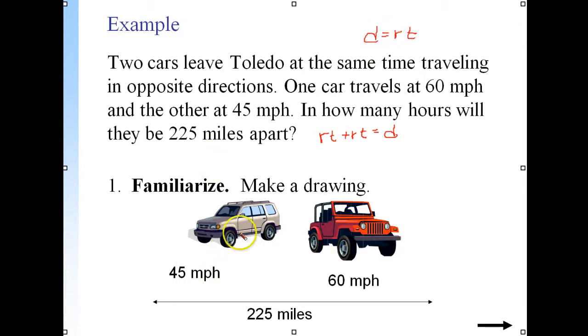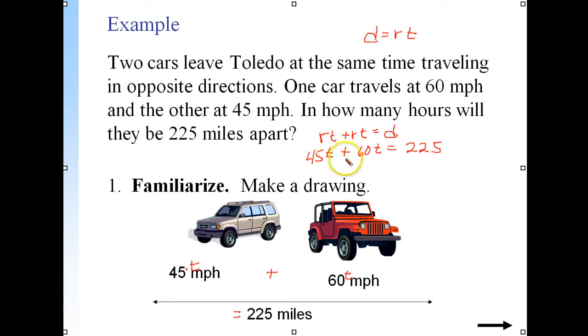So the time is going to be the same for both cars. So rate times time plus rate times time is going to equal the total distance. 45t plus 60t equals 225. So in how many hours will they be apart?